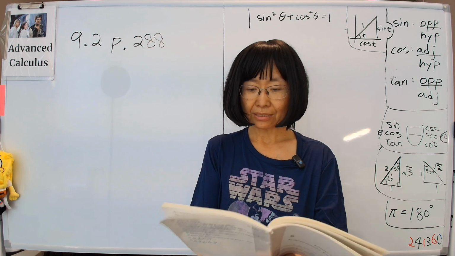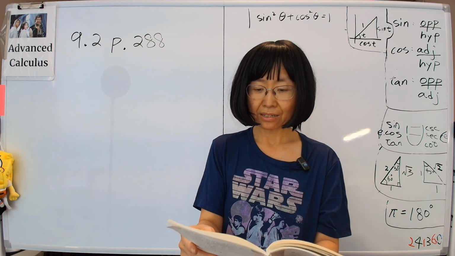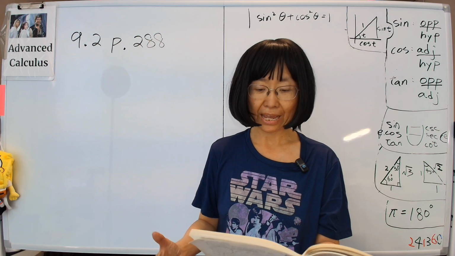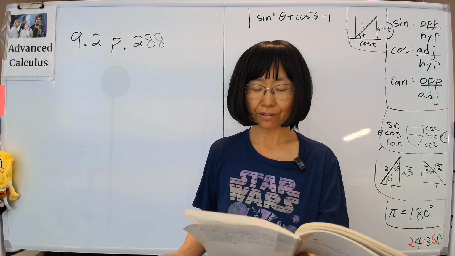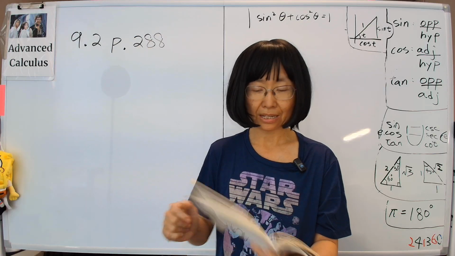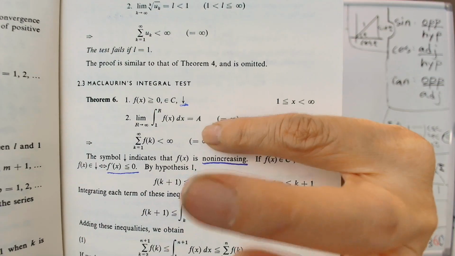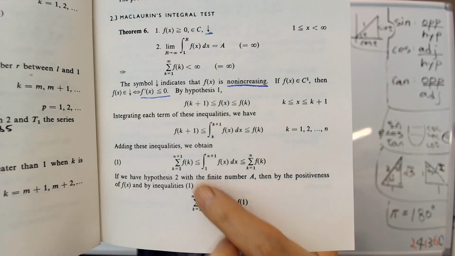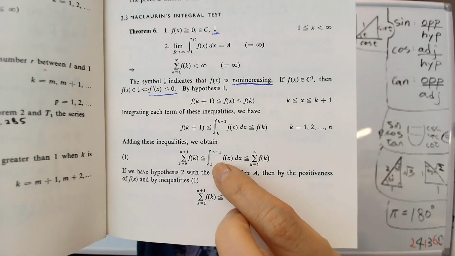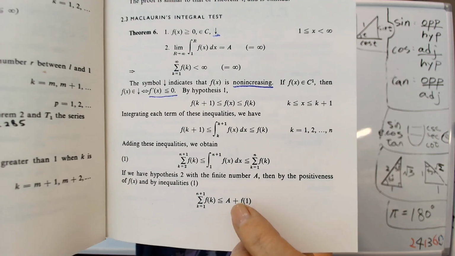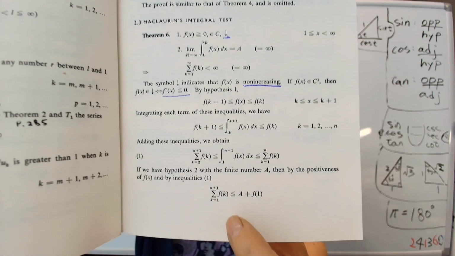Now, the next thing we consider is if hypothesis 2 holds with the number a, that is, the integral from 1 to infinity of f of x dx equals a. Assuming this hypothesis stands, we let n go to infinity in this integration, and we get this inequality here.